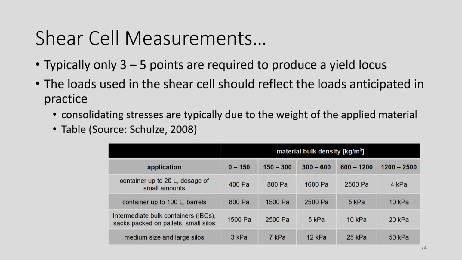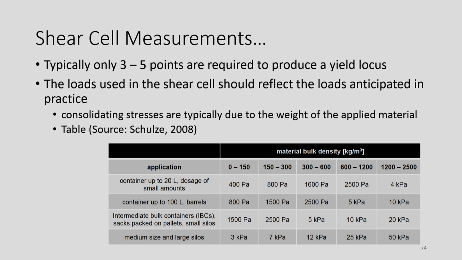So based on the bulk density of materials, you can use different pressures, and also based on the different sizes of silos. If you are using a large silo and the material bulk density is very high, then he suggests to start with 50 kilopascal measurements.